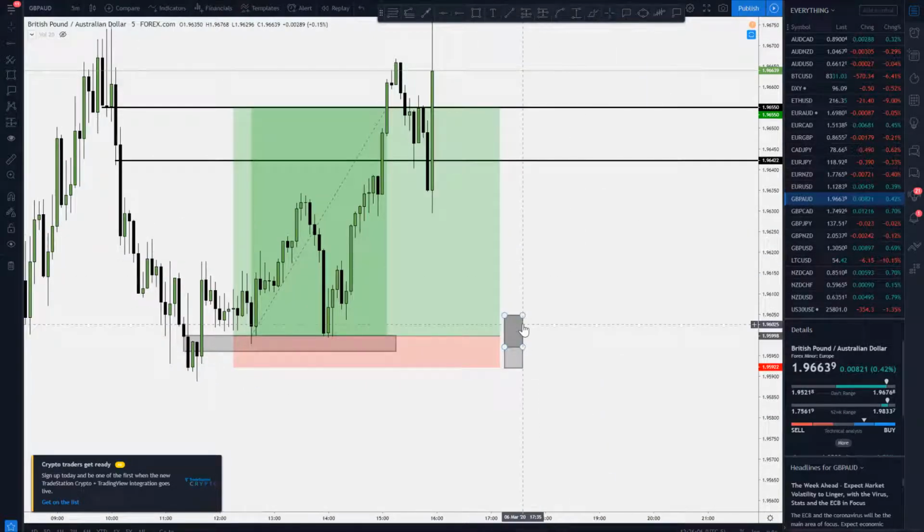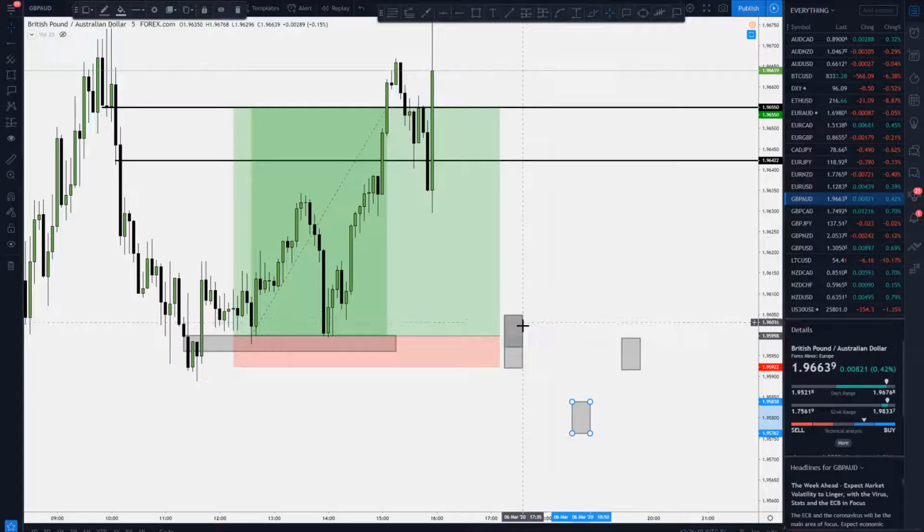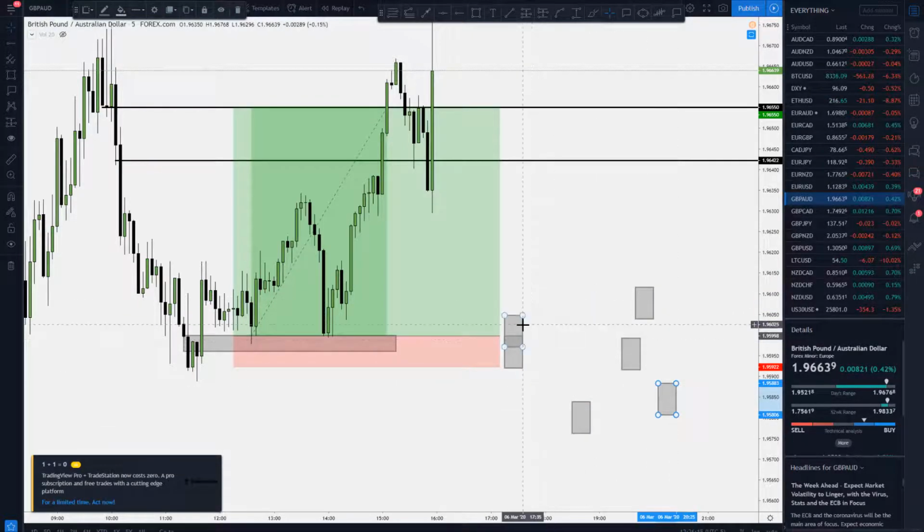So let me move these over really quick. I want you guys to really be learning from this. Each one of these boxes represents 2%. Okay, because that's what my stop loss is, right? I'm only risking 2%.